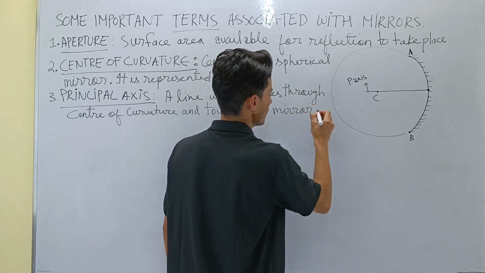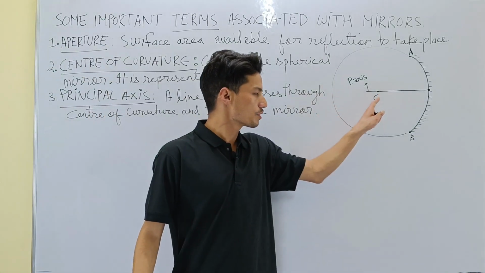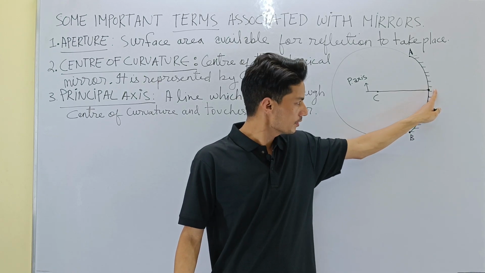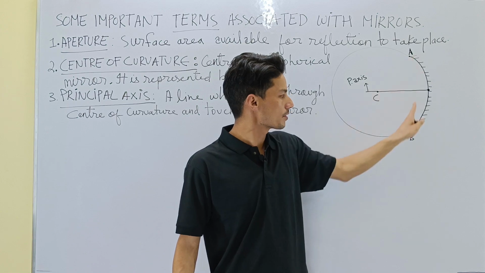This is called the principal axis. It is a line which passes through the center of curvature and touches the mirror, or you can also say it touches the aperture. After all, the aperture is from here to here, isn't it?